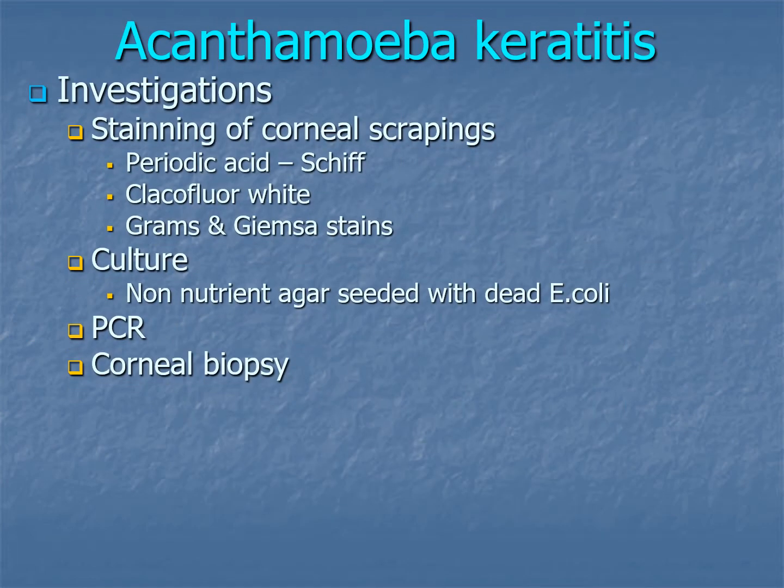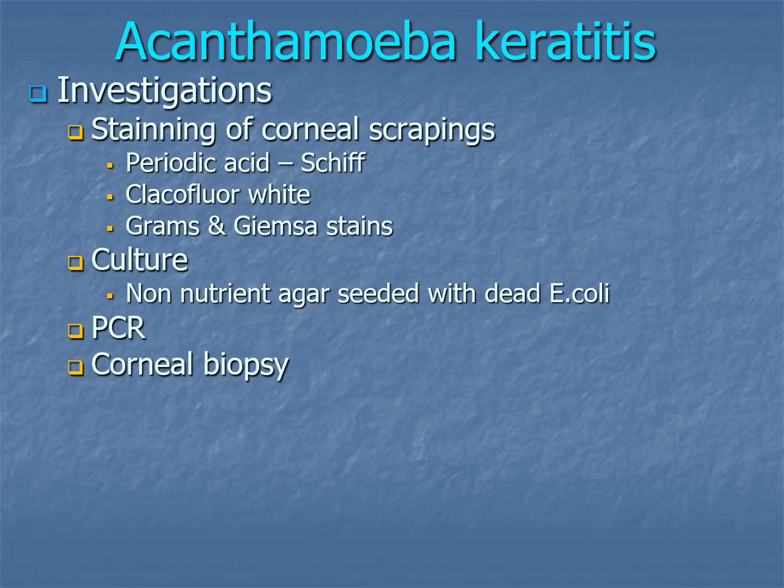So how will you investigate a case of Acanthamoeba keratitis? As a general rule, we take corneal scrapings and do staining with periodic acid-Schiff, calcofluor white, Gram and Giemsa stains.